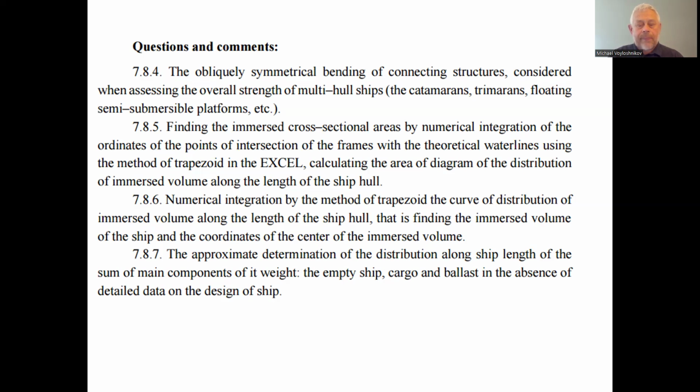First, besides, there could be another shape of bending: obliquely symmetrical bending.